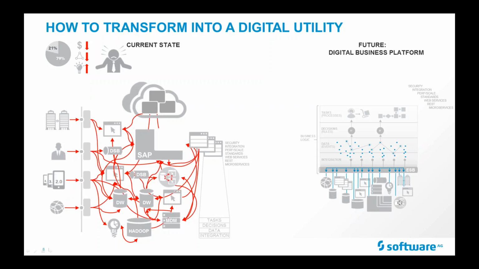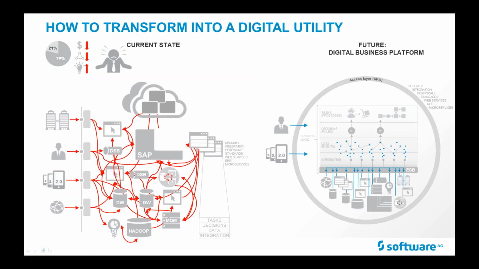And now if you look at security, integration, scale, standards, services, this platform provides all of that, and it also takes that to the next level and puts a nice API layer around it, because not only do you as a utility exchange information with the consumers, but you also exchange information maybe with other utilities, maybe with governmental organizations, and that API layer just exposes your data very securely, and also your business logic very securely to external entities.